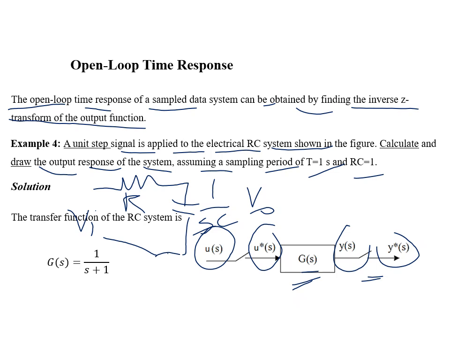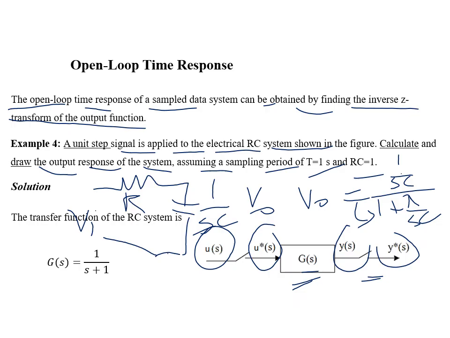We have the output here equals 1 over SC divided by 1 plus R divided by SC. Then we multiply by SC in the denominator.